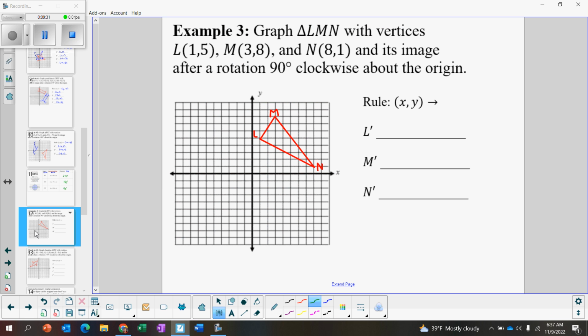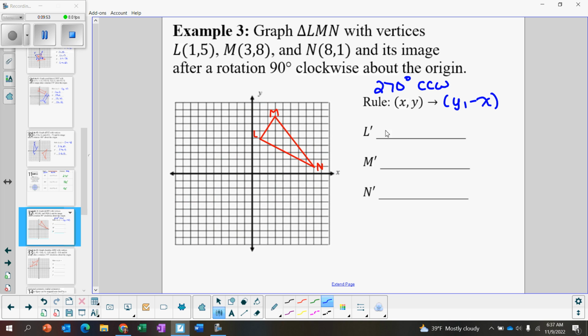So what I generally do is, if my directions say to perform the rotation 90 degrees clockwise, I think to myself, what is the equivalent counterclockwise? That's really 270 counterclockwise. And that rule is (y, -x).